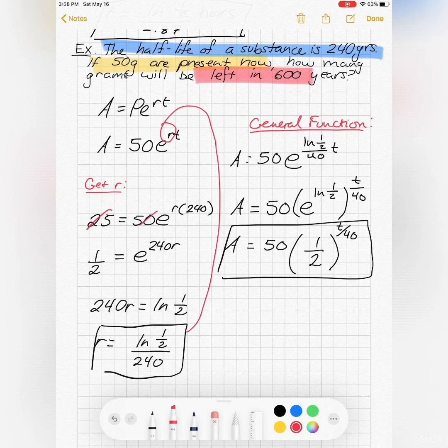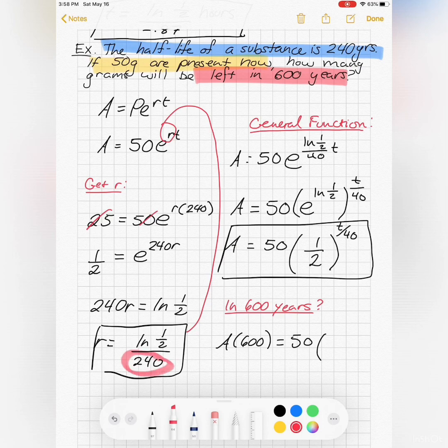And now I can answer the question, how much will be left in 600 years? So I'm going to plug 600 in. I lost a 2 somewhere. Did you catch that?